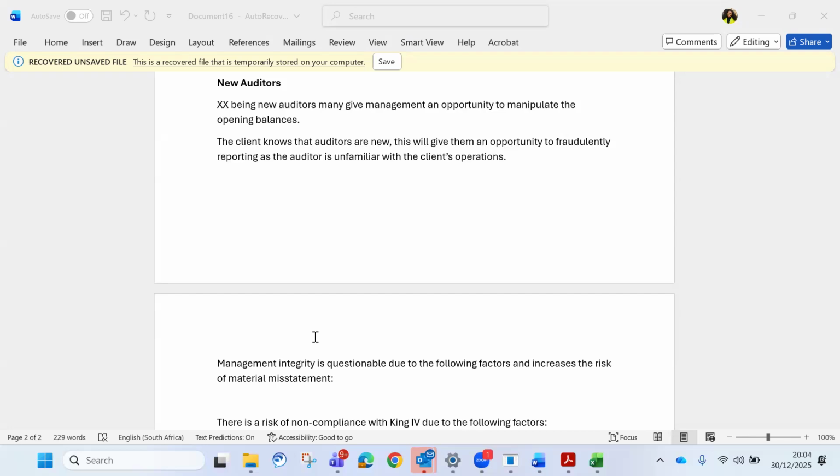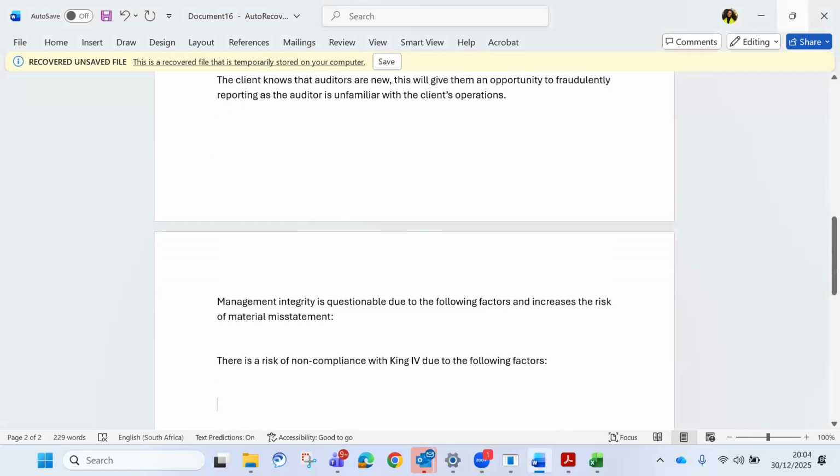That's correct. Now you go here and you say there is the going concern part. This is how you write it down. And you mention all the things that this company is going through that make you say, this company looks like it is in financial distress.